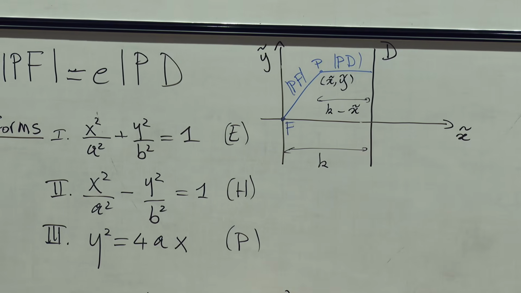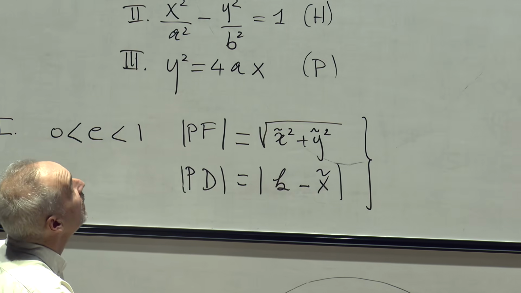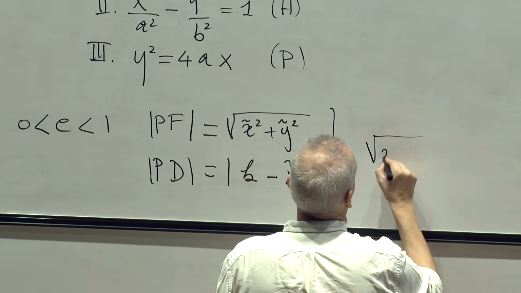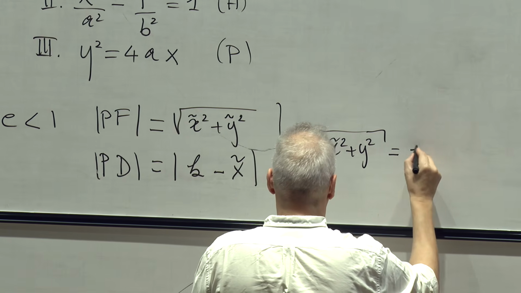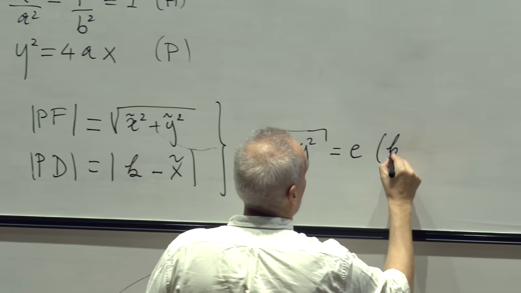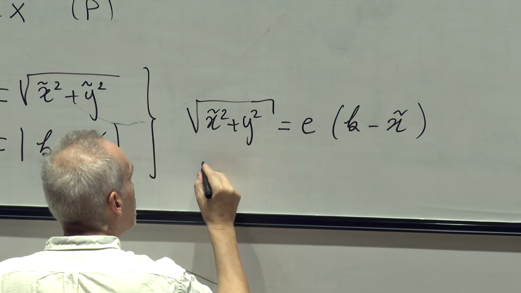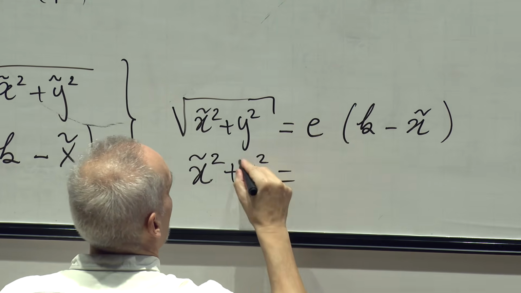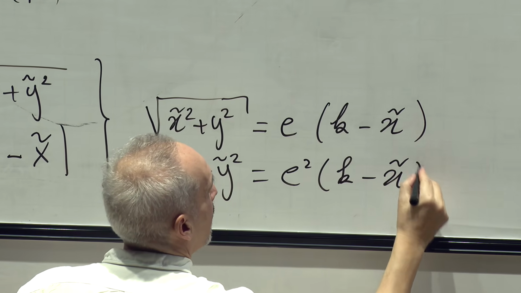So if I write the condition that PF equals e PD, I obtain the square root of x tilde squared plus y tilde squared equals e times (k minus x tilde). I take the square of that to obtain x tilde squared plus y tilde squared equals e squared (k minus x tilde) squared.